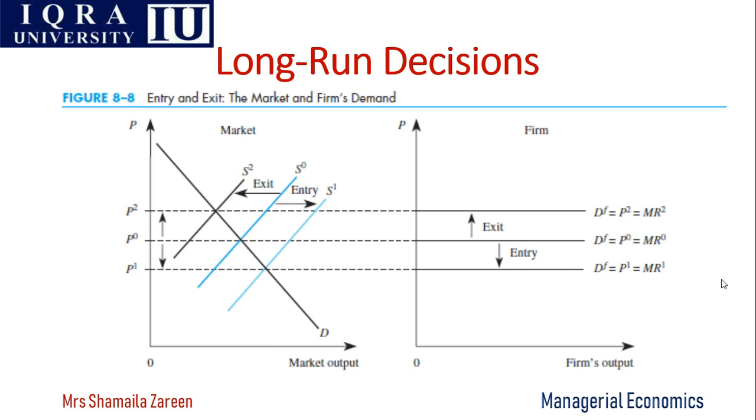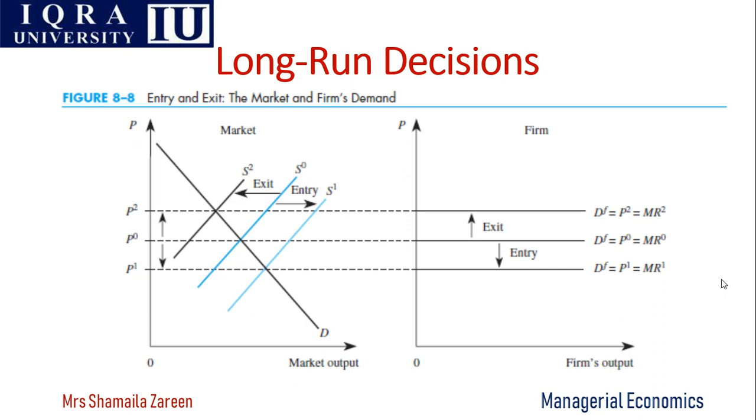So we are going towards the long run decisions of perfect competition, as we discussed the short run decision of the firm. In the short run, the perfectly competitive firm will maximize the profit and minimize the loss, and here is the condition of the shutdown.